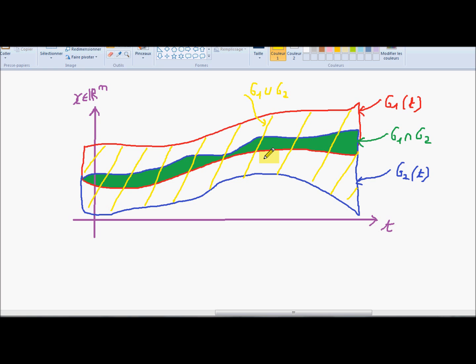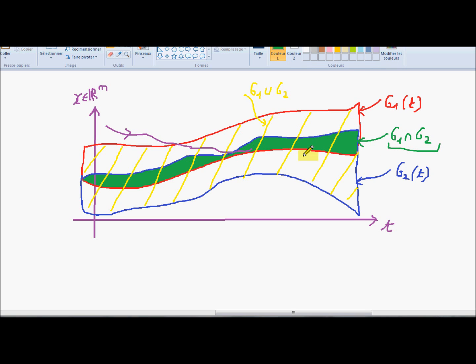Now assume that the blue and red tube are not any kind of tube, but it is a capture tube. Both are capture tubes. It means that the trajectories, once they enter in the red, they stay inside the red. Once they enter inside the blue, they stay inside the blue. In this case, we can understand that if the trajectory enters inside the intersection, then it will stay inside the intersection.